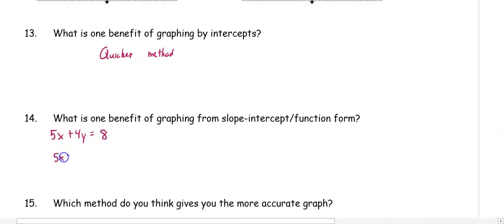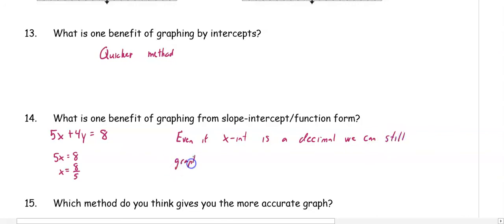When I go to find the x-intercept here, we would get a fraction. Sometimes that is hard to graph, but if we were in slope-intercept form, even if the x-intercept is a decimal, we can still graph our line easily.